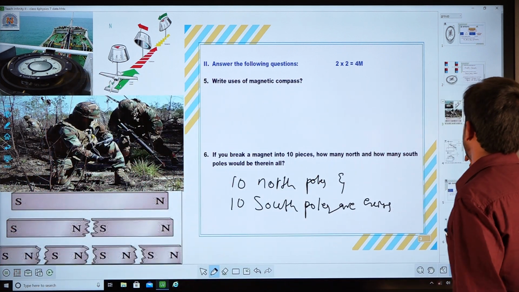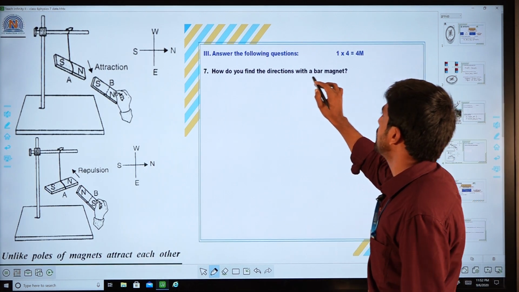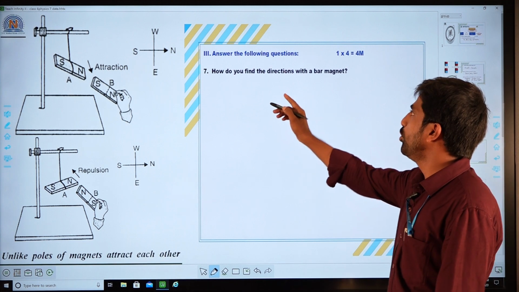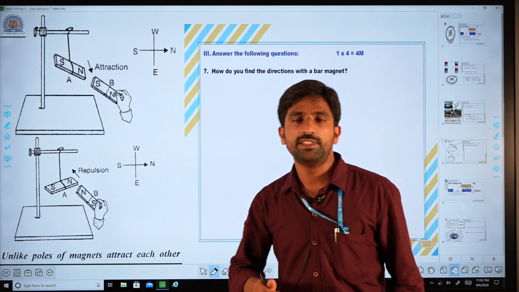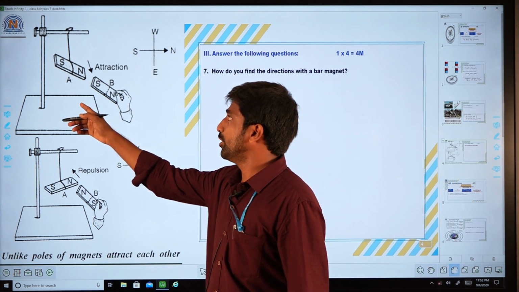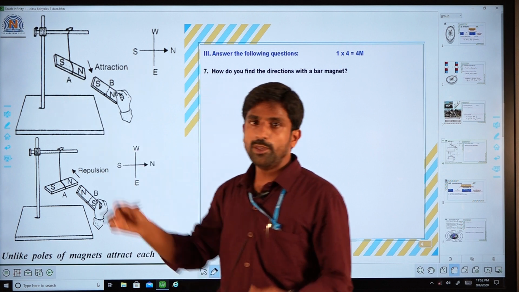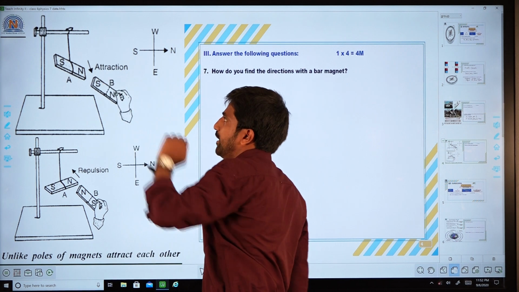Coming to question number 7, how do we find the direction with a bar magnet? I will explain this with the help of a small activity. In this diagram, you take a stand and a bar magnet suspended freely with the help of a thread.